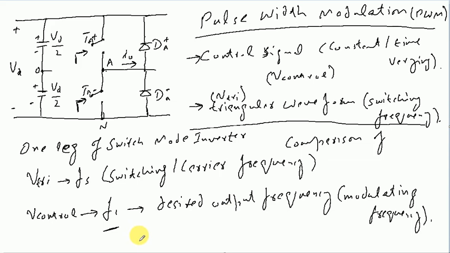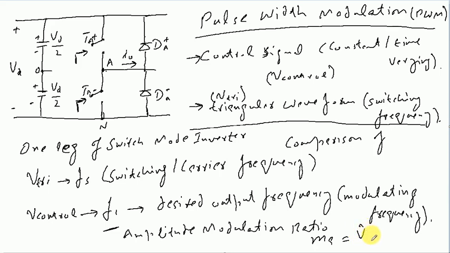So here we have a term which is called the amplitude modulation ratio. That is defined as MA, and this is basically the ratio of the peak value of the control signal to the peak value of the triangular signal.